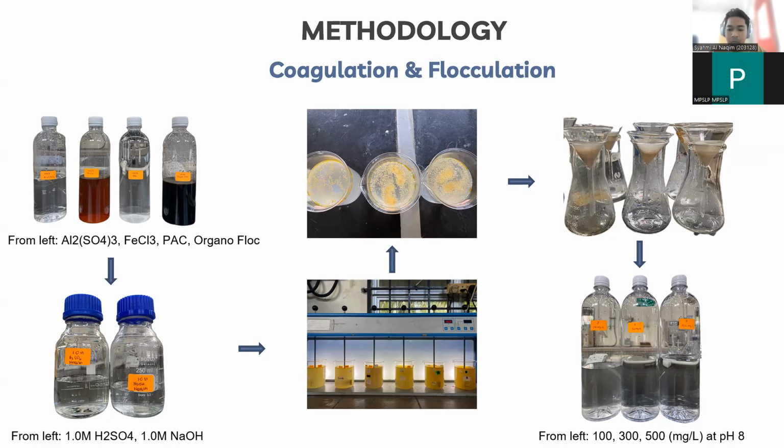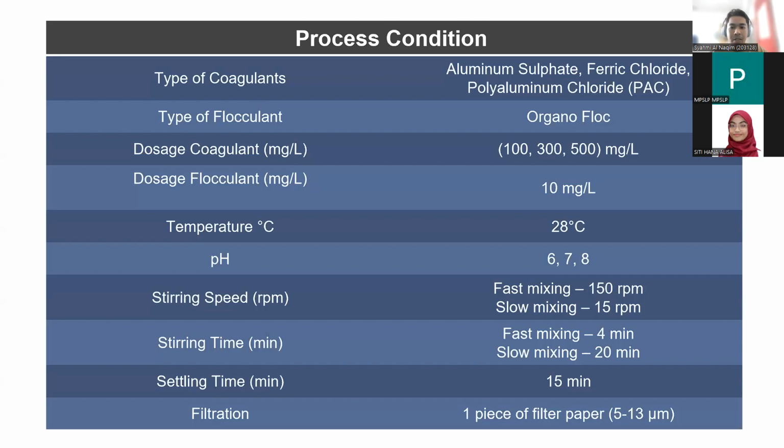From left, this is an example of the biodiesel water that has been treated by aluminum sulfate, which is 100, 300, and 500 mg per liter at pH 8.